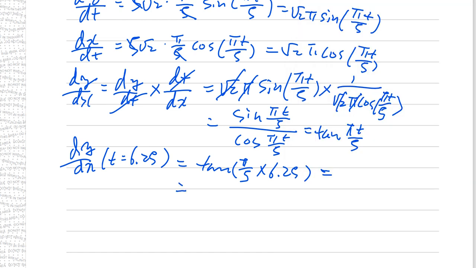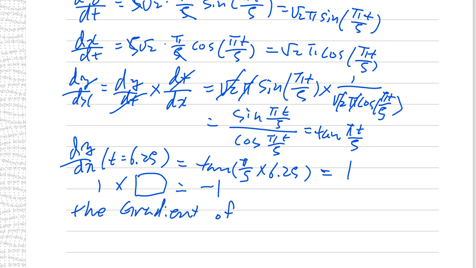So the normal gradient is, so the question is this, 1 times what is -1, right? So the gradient of the normal is -1, isn't it? 1 times -1 is -1. So that is the answer.